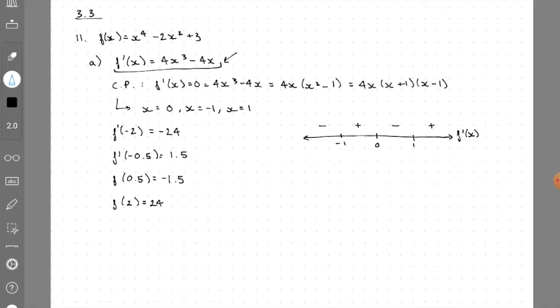What does this mean? Well, the slope is going to be negative from negative infinity to negative 1. And then it's going to be positive, and then negative, and then positive. They're actually asking when it is going to be decreasing or increasing. So let's write it in interval notation.